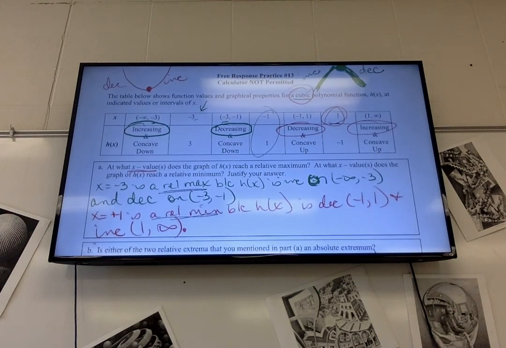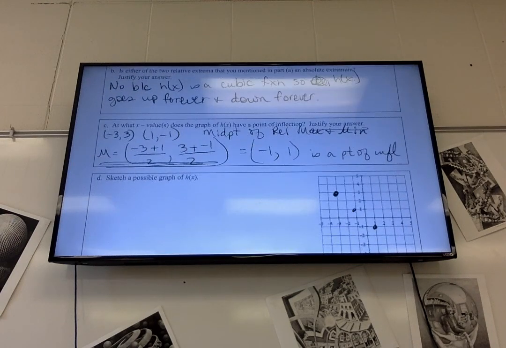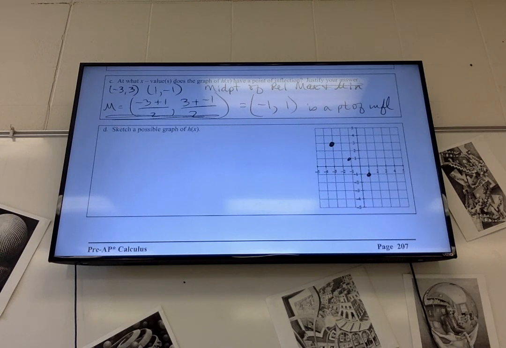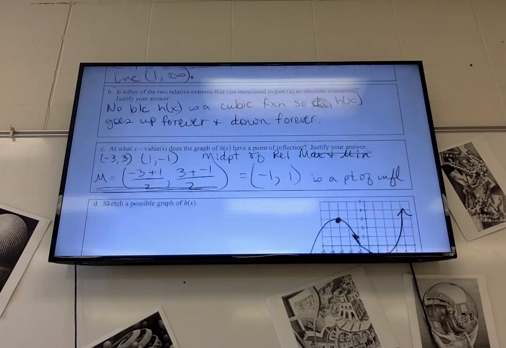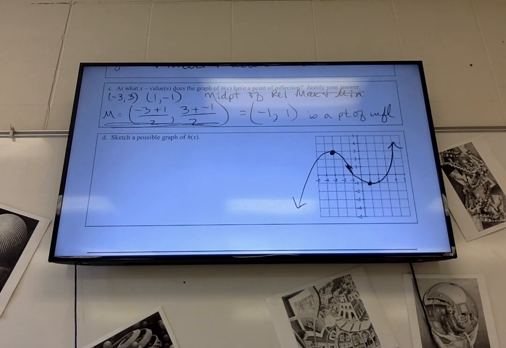I know it's concave down to begin with. So it's concave down. And then it starts going concave up. I don't know where the zeros are because it didn't tell me. But I at least know where it's concave up and concave down, and I know that this point's supposed to be the lowest point and this point's supposed to be the highest point.